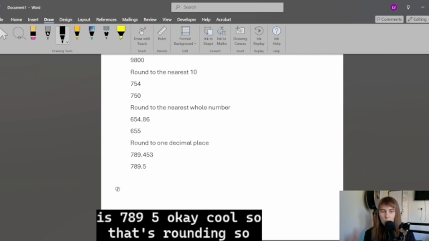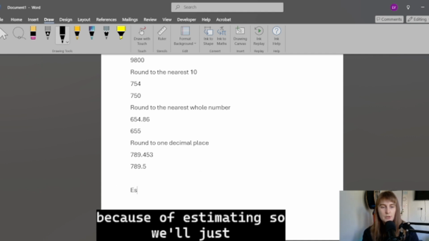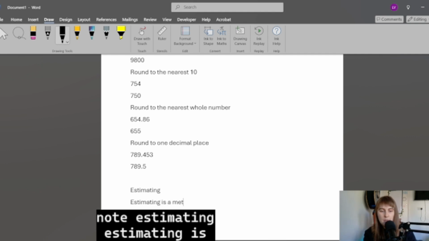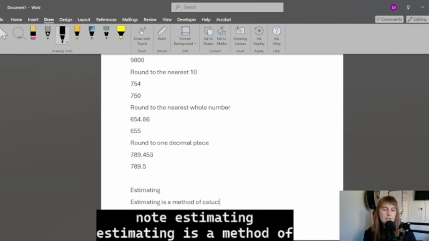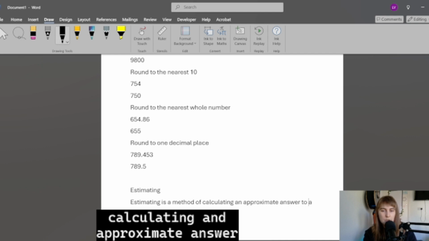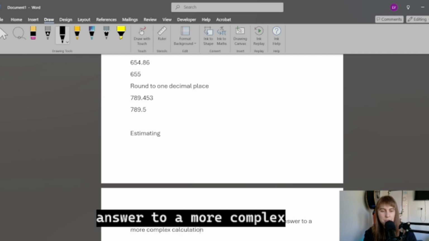Okay, cool. So that's rounding. So why that's useful is because of estimating. So we'll just write a little note about estimating. So estimating is a method of calculating an approximate answer to a more complex calculation.